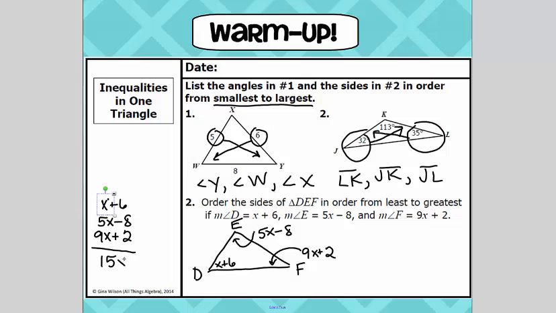When I combine like terms, I get 15x is equal to 180. So x is equal to 12. If I substitute that back in, I get 12 plus 6, which is 18. 5 times 12 is 60, minus 8, which is 52.